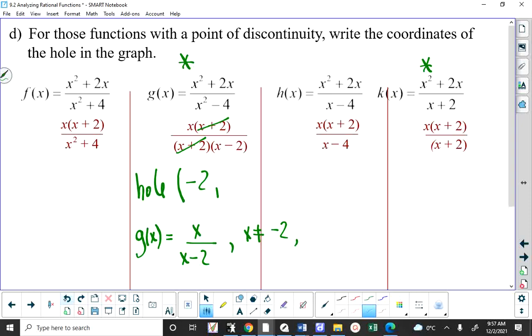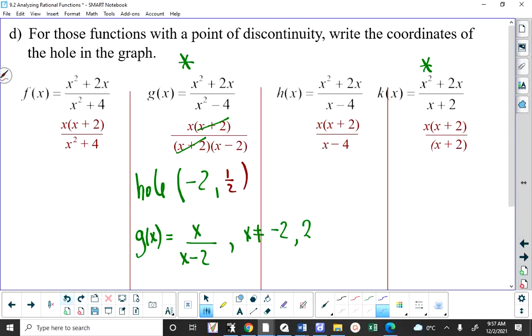Do I also need to write x is not equal to 2 because of the other non-permissible value? I would say yes. I know you could argue that since there's still an x minus 2 there, you don't need to do it, but technically you should. Anyway, we're going to put the x coordinate of the hole in for x. And I'll get -2 over -4, which is 1/2, I believe. Is that right?